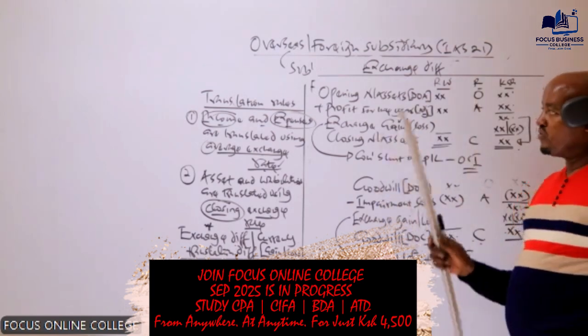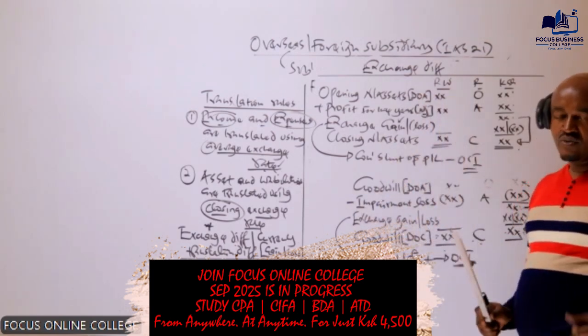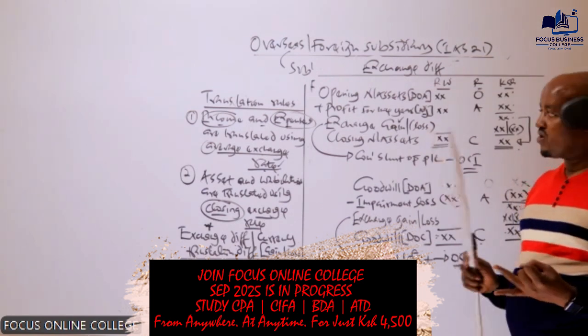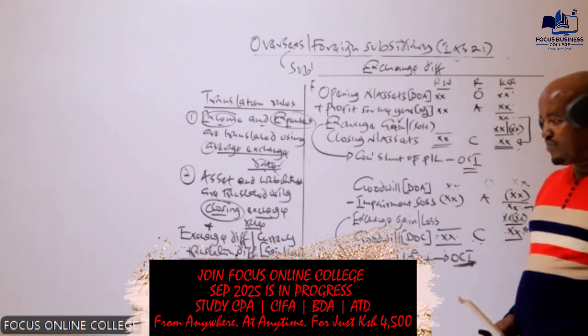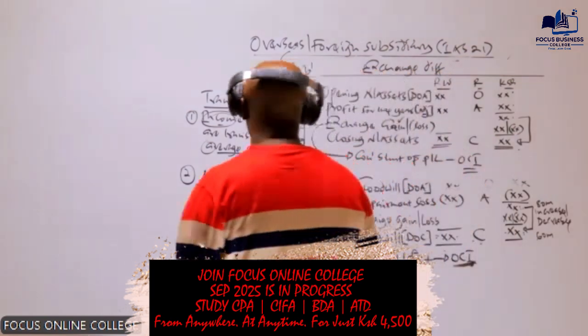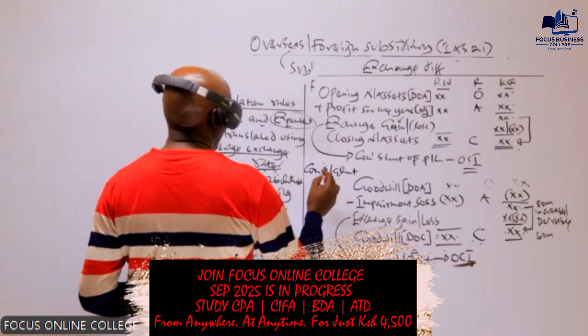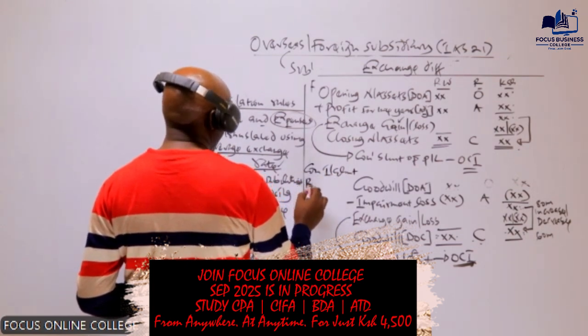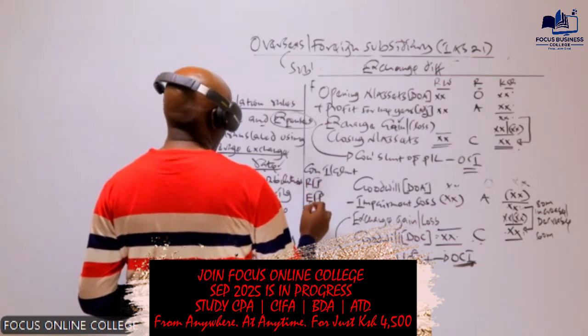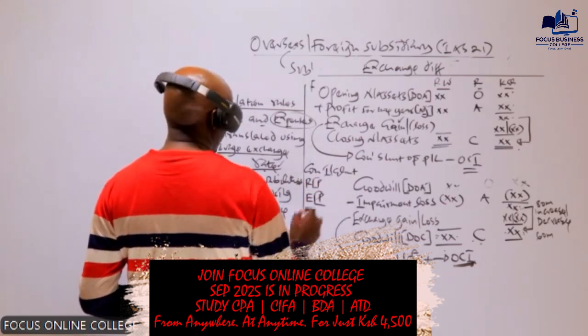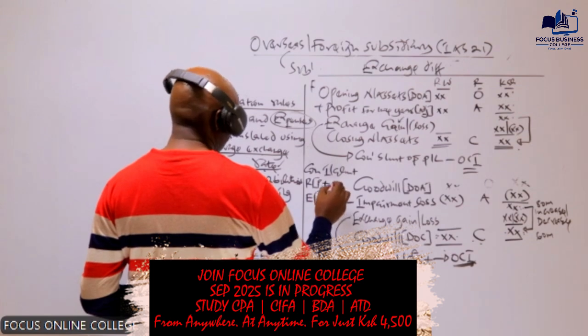Roman 2, Roman 3, you'll be required to prepare the consolidated income statement and the consolidated statement of financial position. For the consolidated income statement, when combining the revenue and expenses of the parent and that of the subsidiary, you'll take that of the parent, which is already in presentation currency, but you have to translate that of the subsidiary.